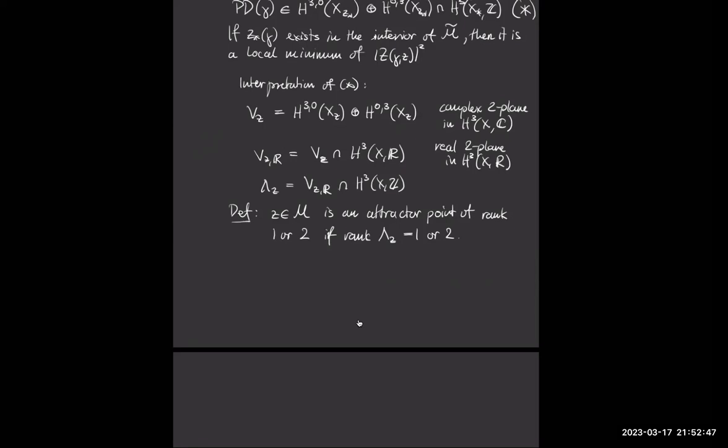And if you fine-tune the plane even further, then you might be lucky and hit even the second lattice direction. So from this naive argument, you expect that rank 1 attractor points should be quite frequent, and they are. It's relatively easy to find, and actually they are expected to be dense in M.